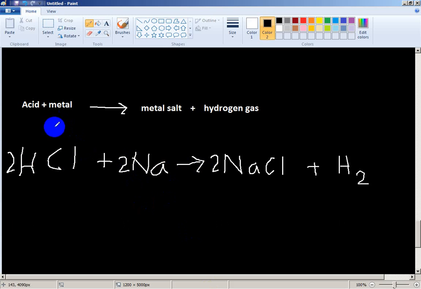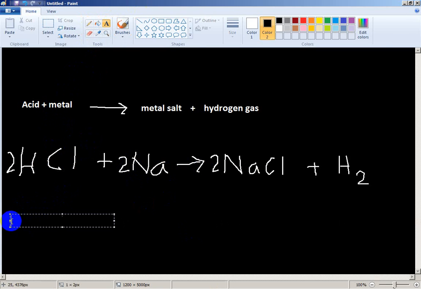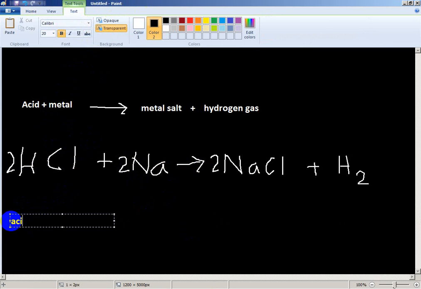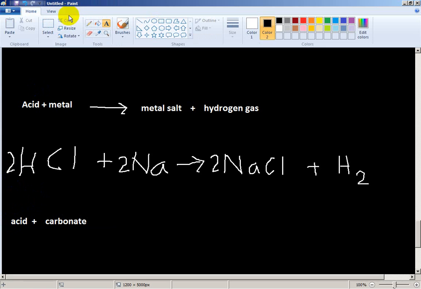Okay, now if acid reacts with carbonate, I have already taught this: acid reacts with carbonate, metal carbonate, carbonate salt.